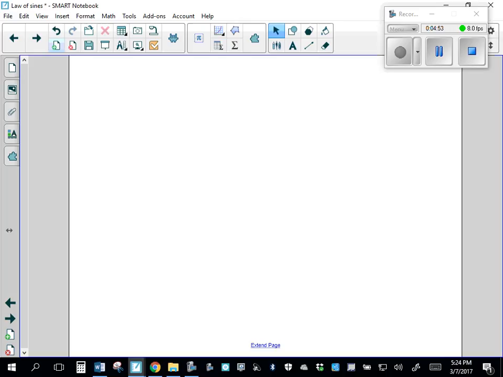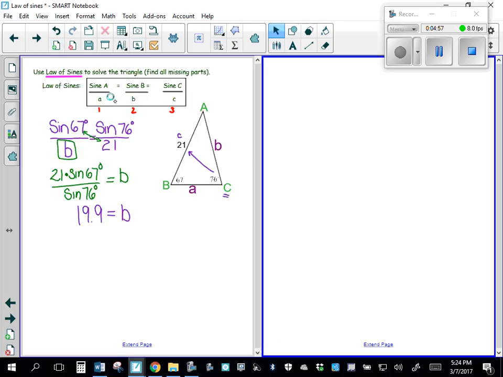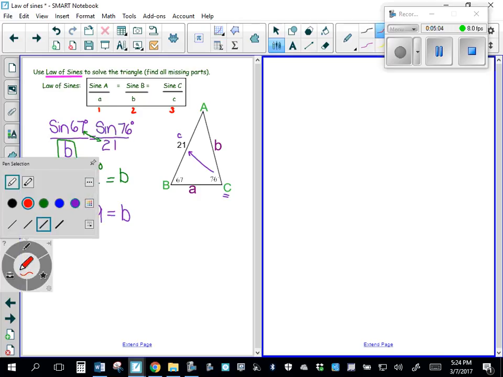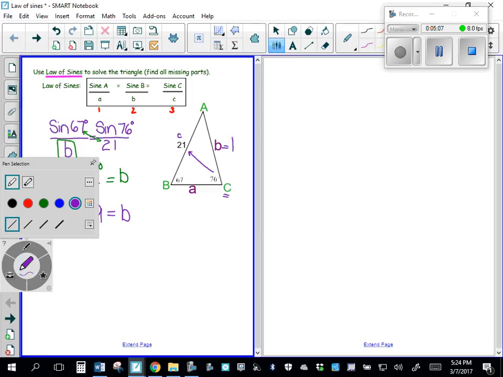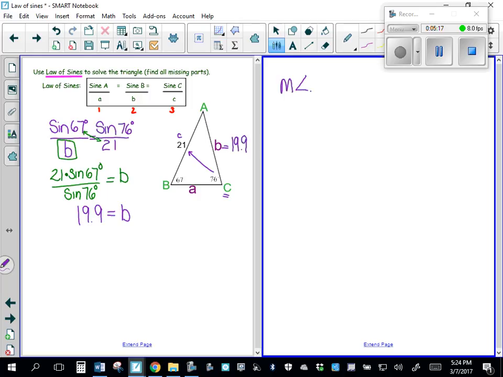So to continue that process, now that I know B is 19.9 units, I'm going to go ahead and find A. But in order to find A, I need to find the measure of angle A. And since I have a triangle, and I know that two of the angles were 67 and 76 degrees, that adds up to 143.